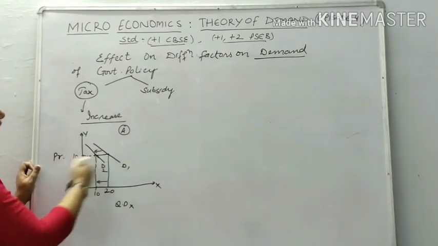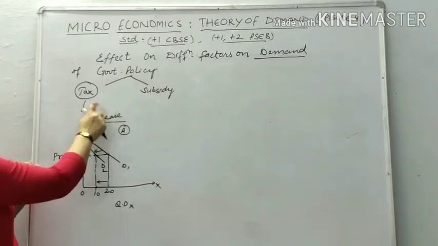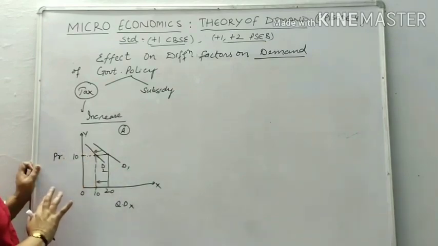He can purchase less of the quantity. This shows that due to an unfavorable change in taxes, the consumer can purchase a lesser quantity.